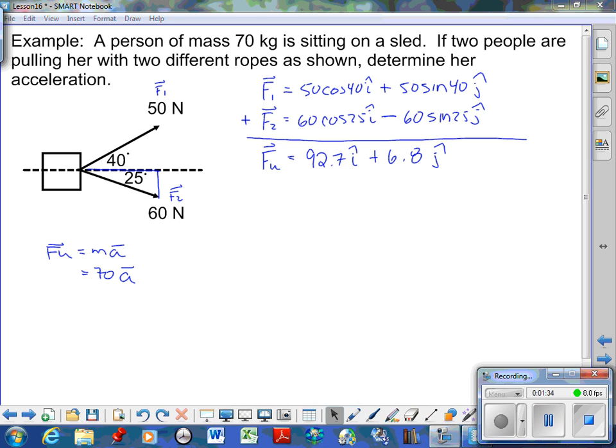And we find that the x component is 92.7 I, and the y component, when I add it up, is 6.8 J.